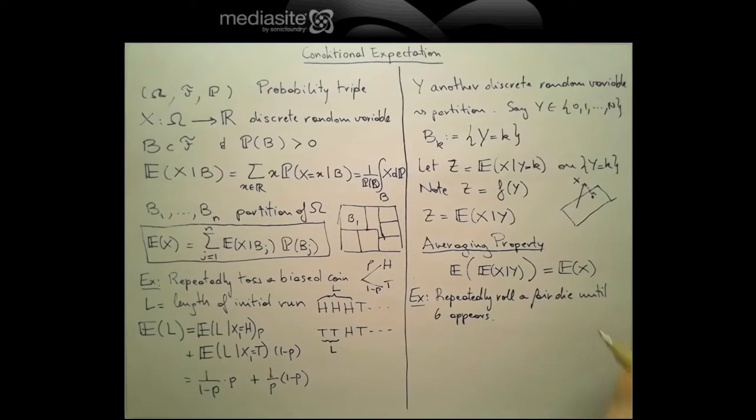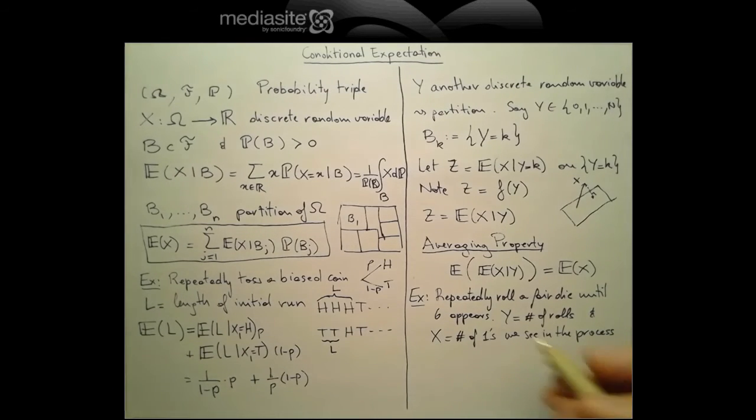Now, first of all, we will define Y to be the random variable that gives us the number of rolls. We already know that this is going to be a geometric random variable, but that's not the point right now. And let me let X be the number of ones that we see in the process. So we repeatedly roll a die until 6 appears, and then count the number of ones that we saw.